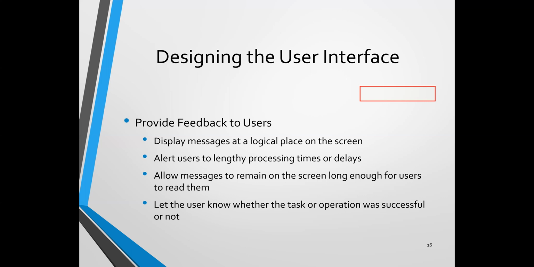And then it has some blinking so that users know they have to wait. Otherwise, they might click on the button many times because they want to get the answer, or they may close the program and restart it. That means the process in the server might be suspended. Then you have to let them know what the system is doing, especially for lengthy processing times or delays.